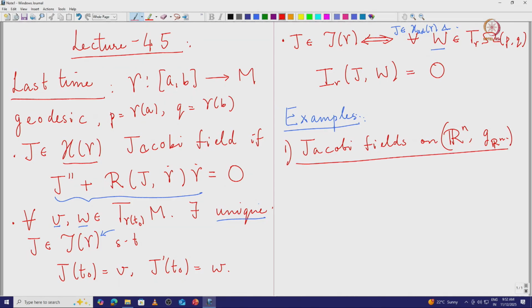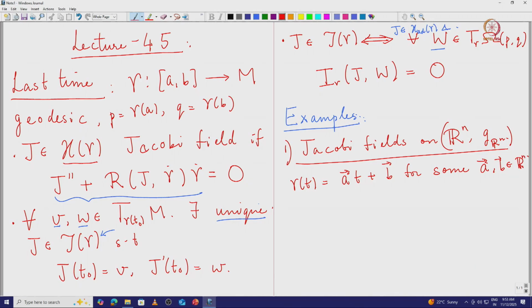In this case the geodesic is basically just a straight line, so this is some straight line at plus b for some vectors a, b in Rn.